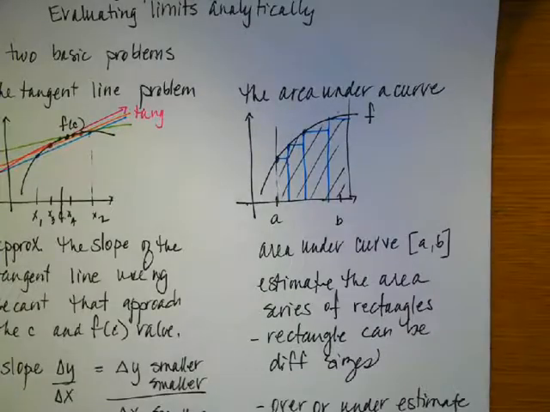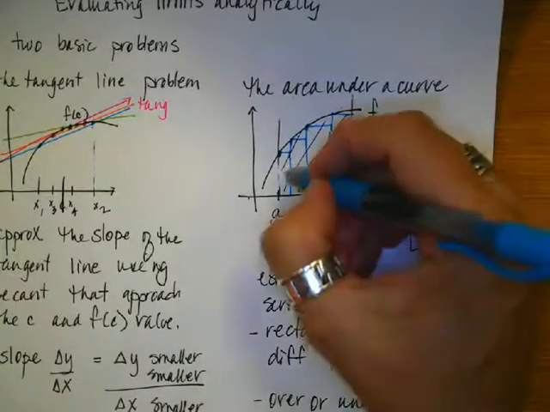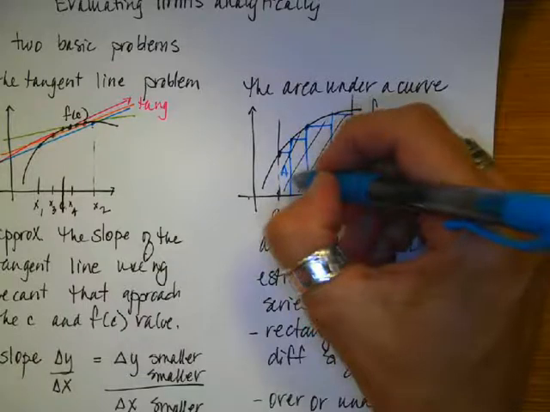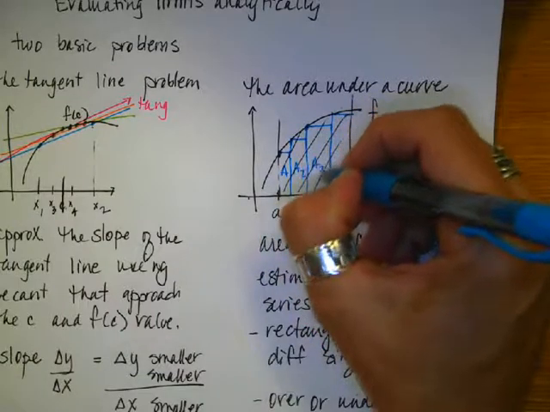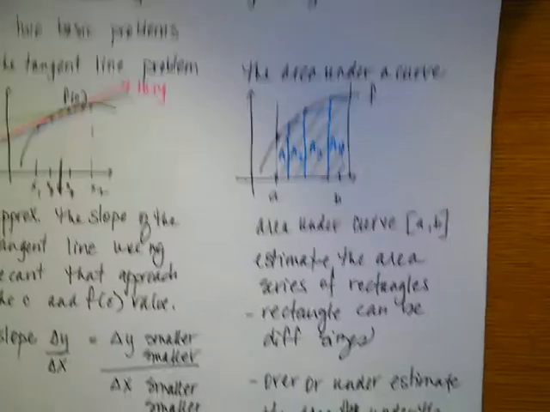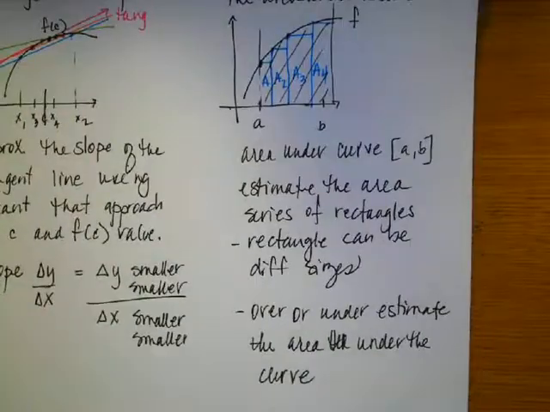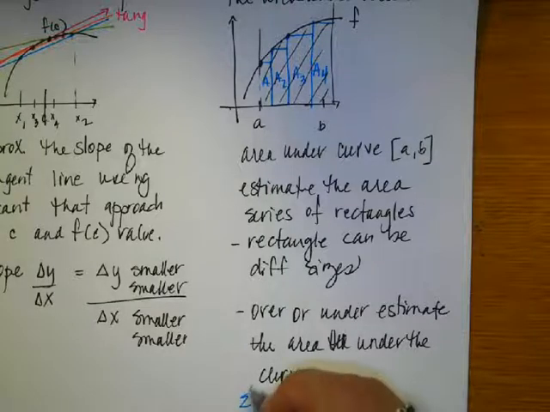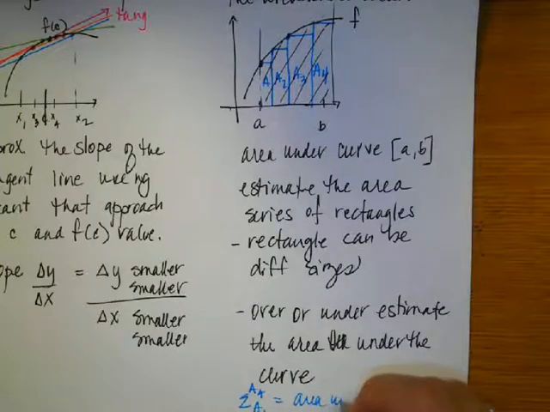If I summed up the areas, so if I called this area 1, area 2, area 3, and area 4, the area under the curve would be equal to the sum from A1 to A4, and then that would equal my area under the curve.